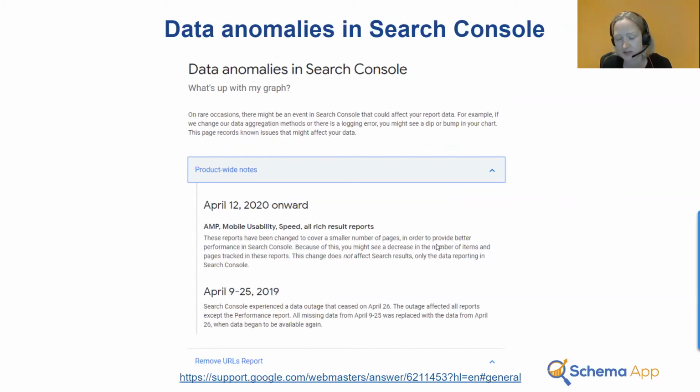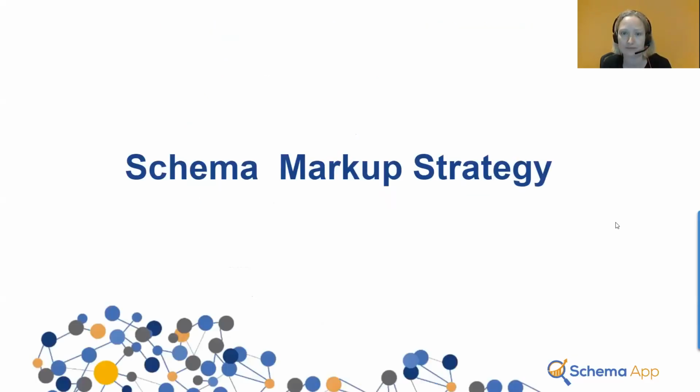Again, these slides will all be shared, and there are links at the bottom, but this was a really interesting one where we've seen some really big changes in Search Console, especially in the rich results reports. And so there are some answers as to why now in this document. All right, that's the news.